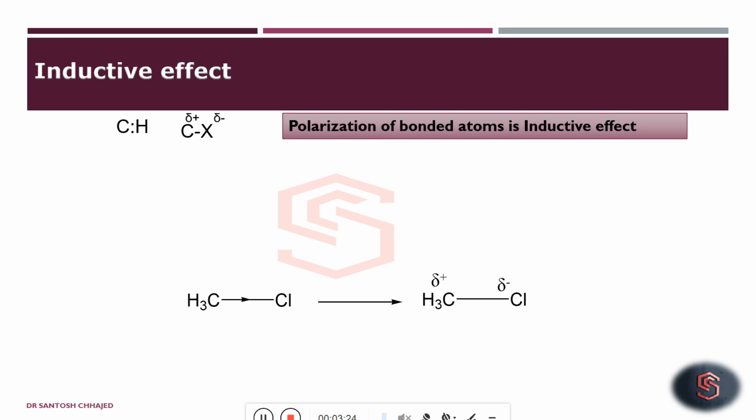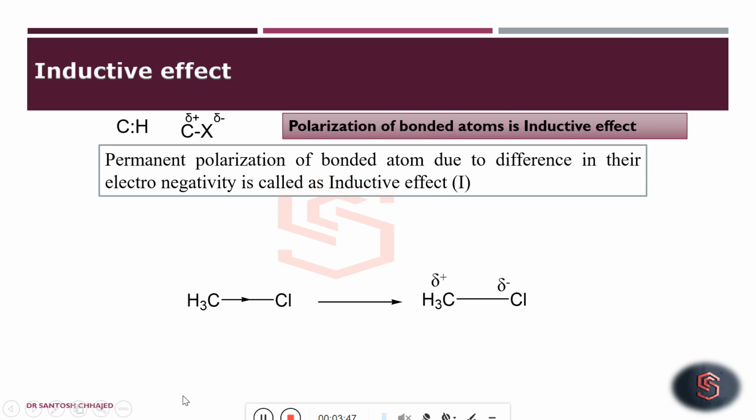So this process of polarization of bonded atoms is called inductive effect, which is ultimately due to the difference in electronegativity. So inductive effect is an effect where polarization of bonded atoms occurs due to difference in their electronegativity. This is how we can define inductive effect, and it is denoted by capital I.